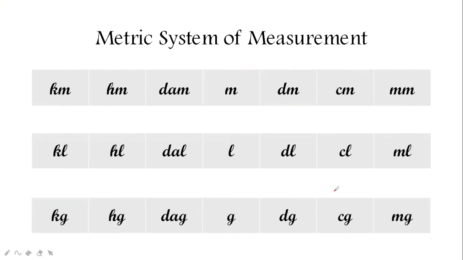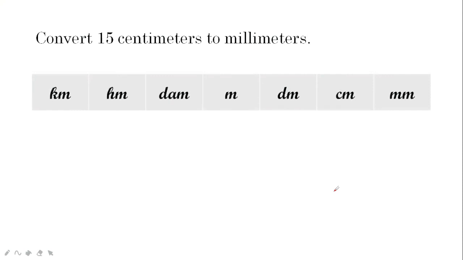So, here is the metric system of measurement. Okay, let's start. We have 15 centimeters to millimeters. This is centimeters, this is millimeters. So, from centimeter to millimeter, how many steps is that? One step going to the right. So, we have 15.